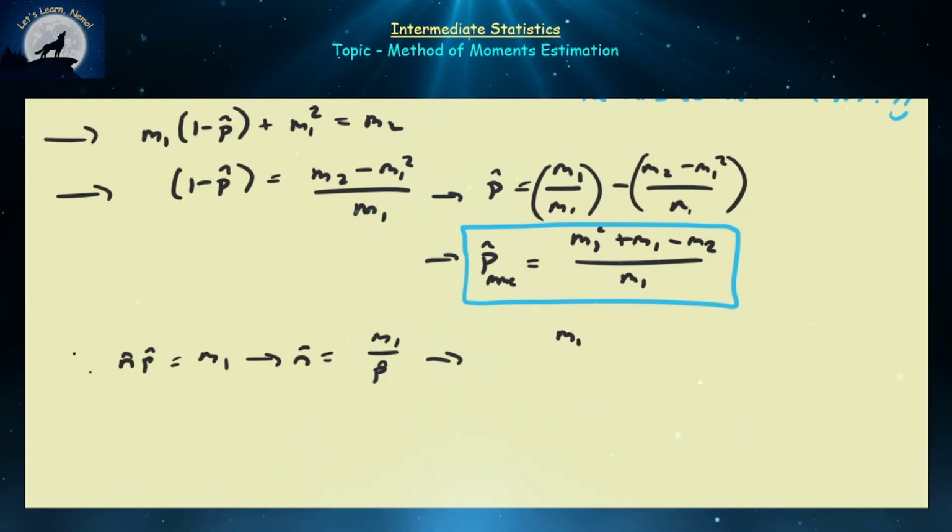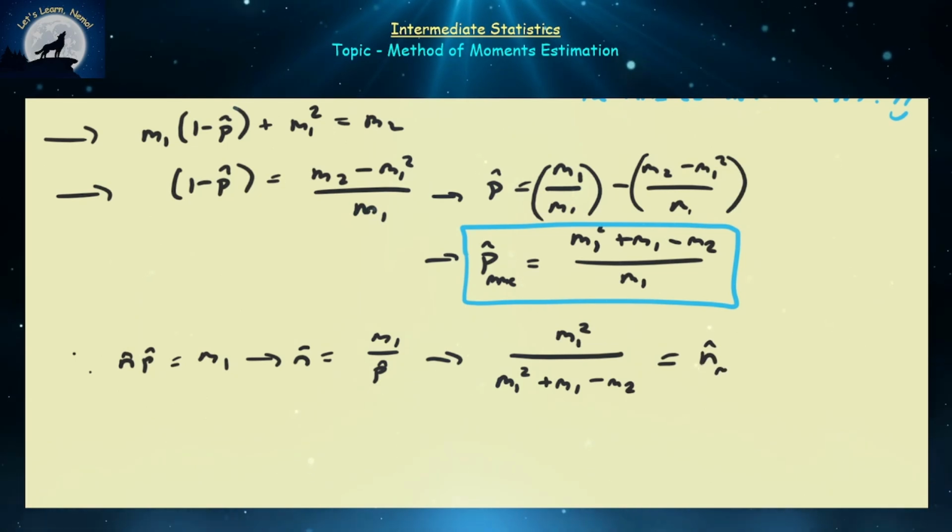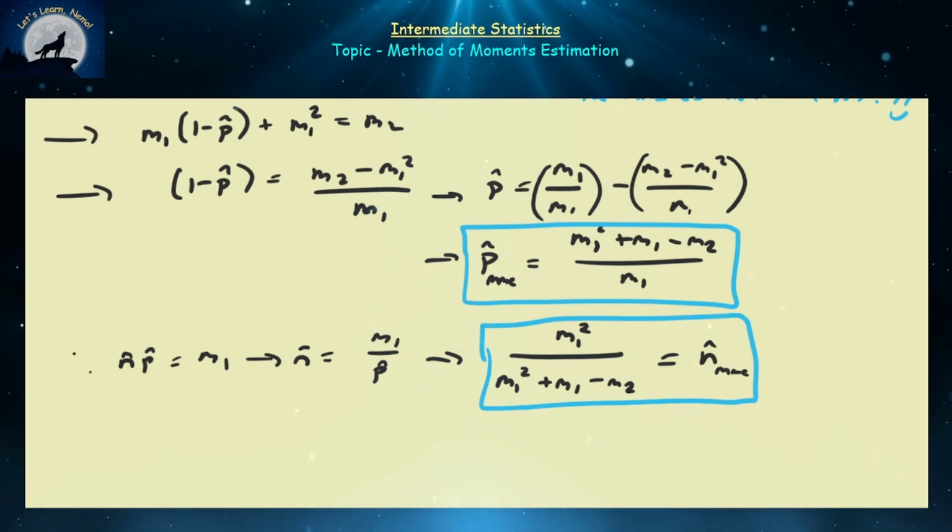And that's going to give us m1, the quantity squared, all over m1 squared plus m1 minus m2. So this is going to be equal to n hat MME. And that gives the MME estimate for the number of trials in this particular sequence. Right? So that's how you can derive the theoretical MME estimates for a particular distribution that has some particular parameters associated to it.